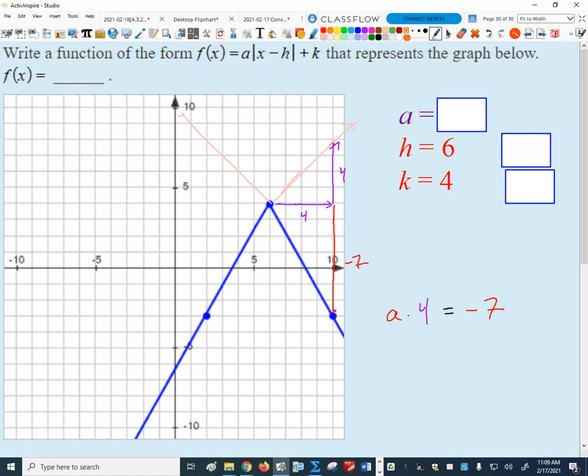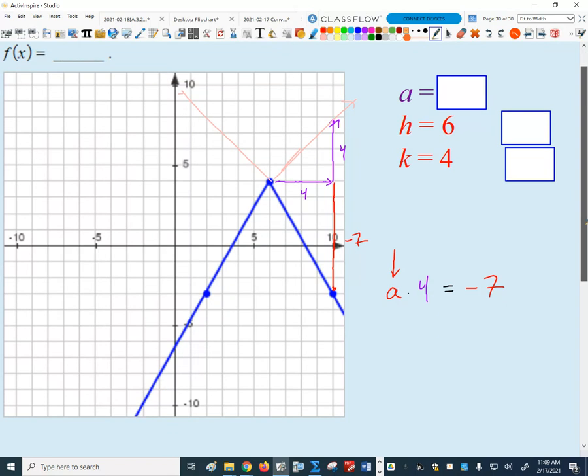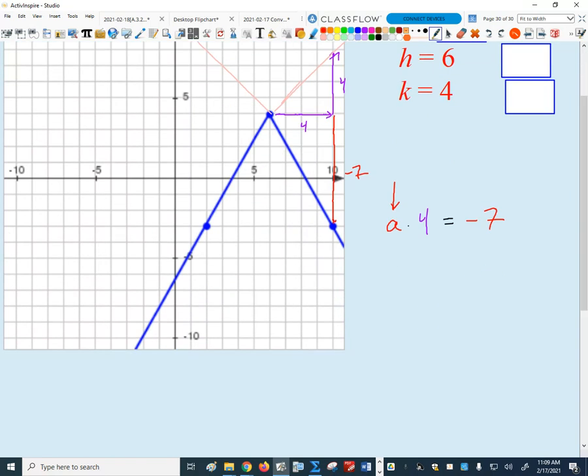Okay, so I'm able to set up an equation then, right? A times 4 equals -7. If I want to solve for A, what's the one thing I have to do? What's the one algebra step that I need to isolate the A to solve for A? Yeah, I just divide both sides by 4, don't I? Right?